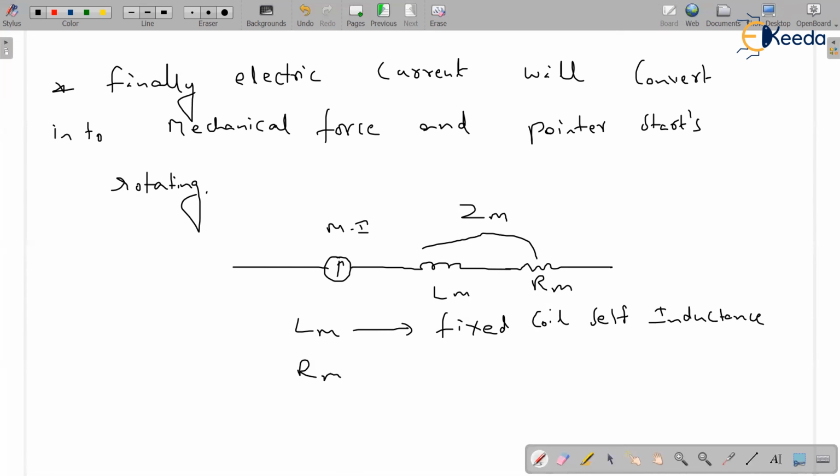RM is the fixed coil resistance. The next topic is the relation between input and output.